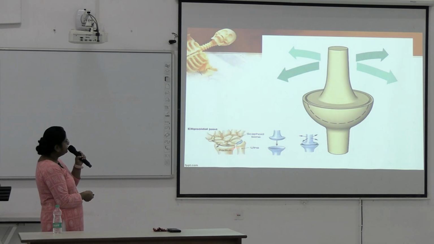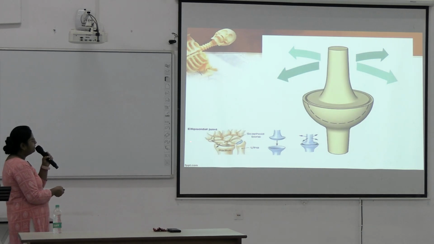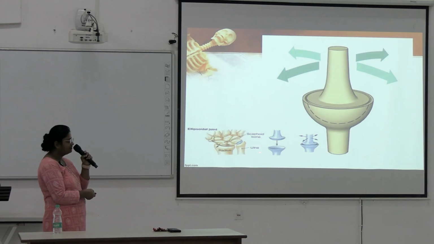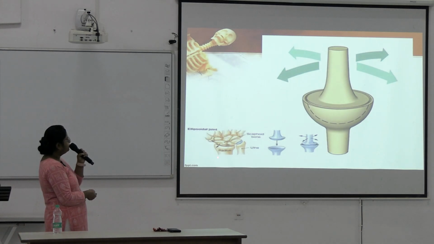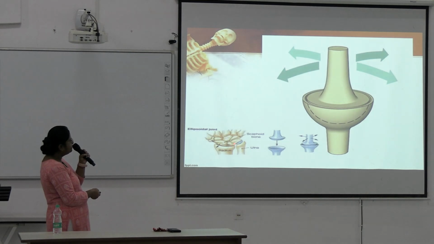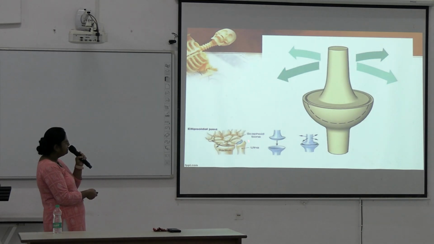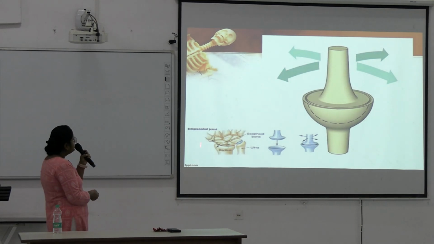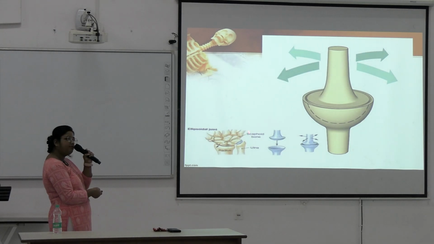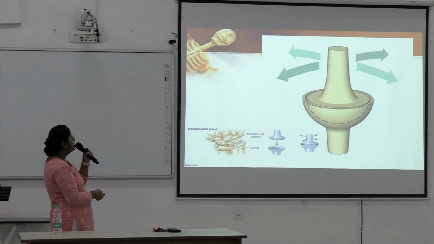See here, the socket is formed by the lower end of the radius, okay, and the articular disc connecting the radius and ulna, this small articular disc. This is the inferior radioulnar joint, and this convex elliptical portion is formed by the carpal bones, okay, scaphoid, lunate and trapezium.